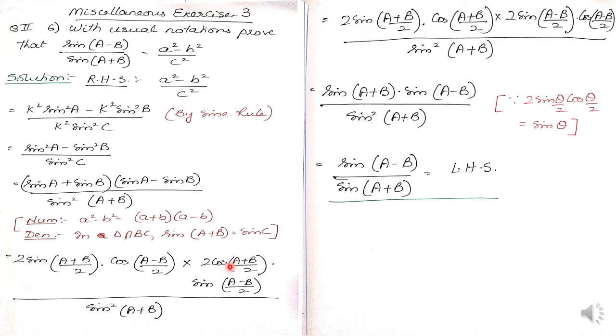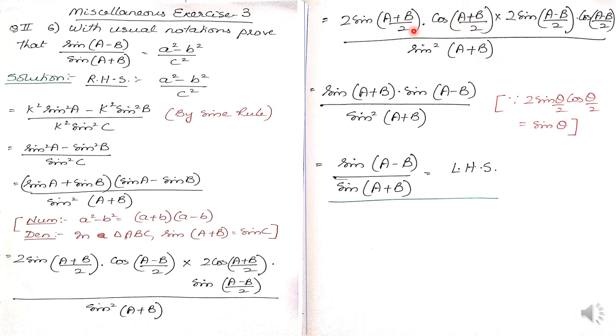Now observe what has been done. We have changed the groupings in the next part of the sum. See, 2 sin((A+B)/2) has been written along with cos((A+B)/2). As you can see, I have rearranged the terms over here. Similarly, 2 sin((A−B)/2) is written along with cos((A−B)/2).